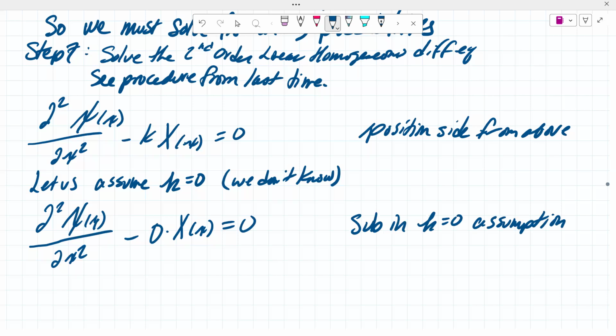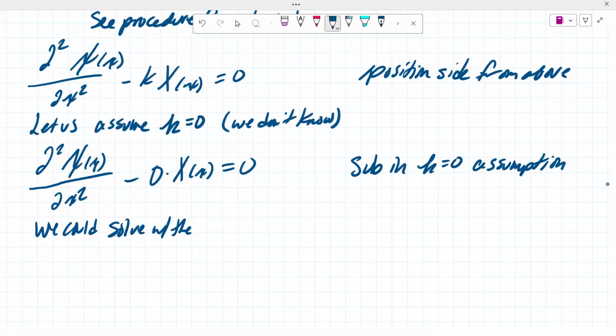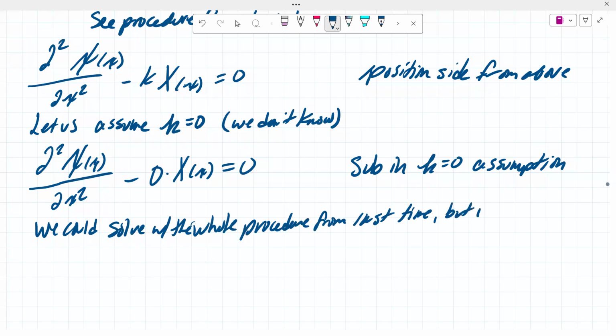This is actually pretty simple, so we could solve it with the whole procedure. Last time we got lucky and it's simple.